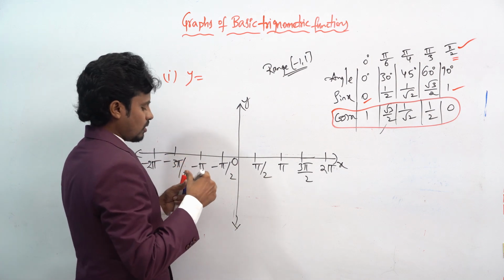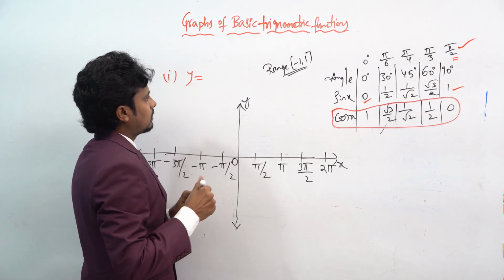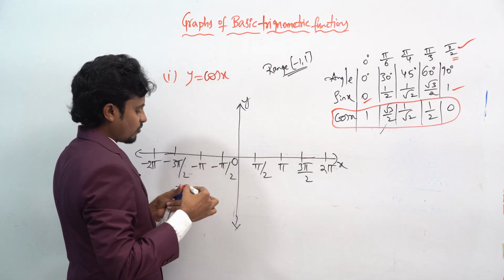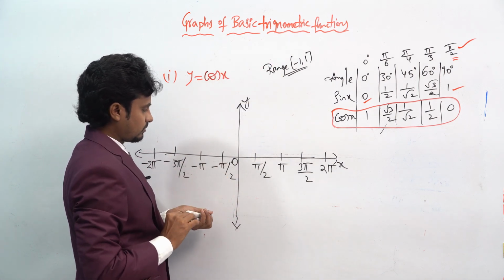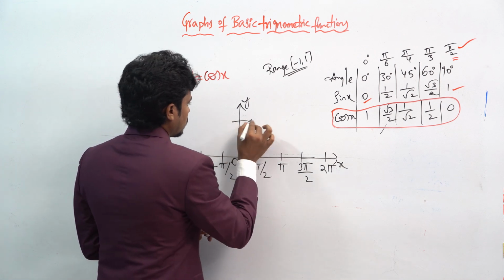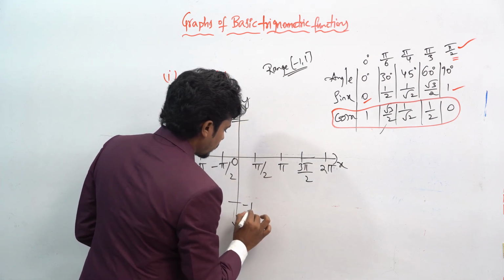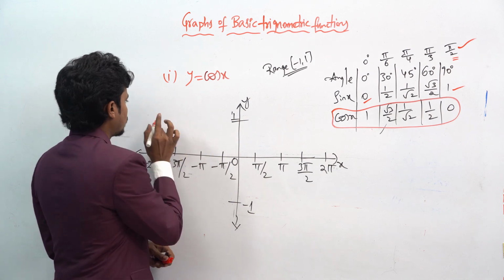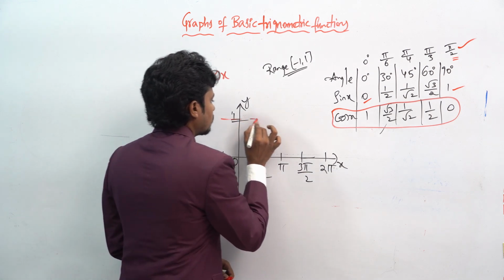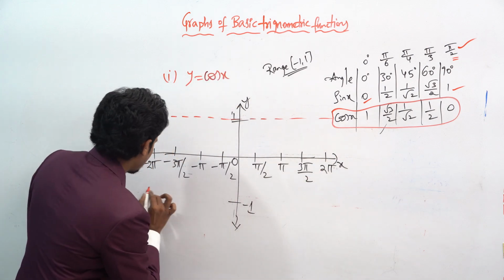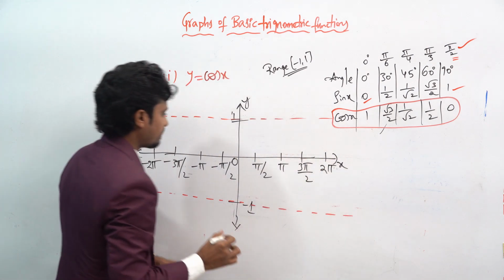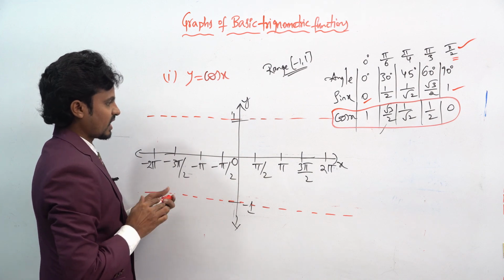Y is equal to cos x, the range will be minus 1 to 1. That means here this will be for plus 1 and this will be for minus 1. Okay, now just put these dotted lines here. Here also the dotted lines. Okay, now let's see.